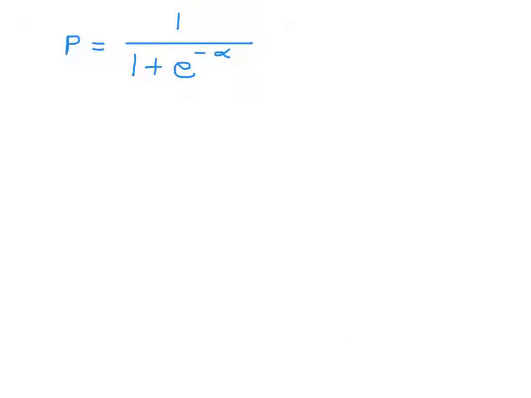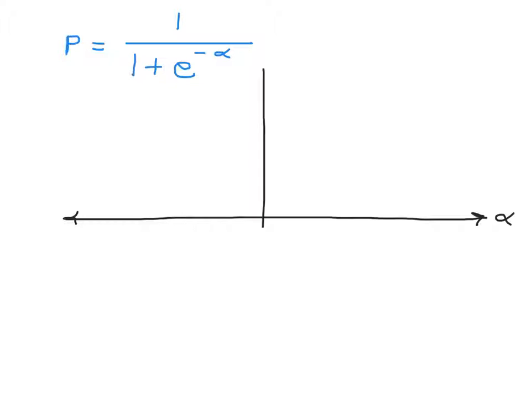If we graph this, our x-axis is our alpha value, and our y-axis is our probability. And our probability is going to go from 0 to 1.